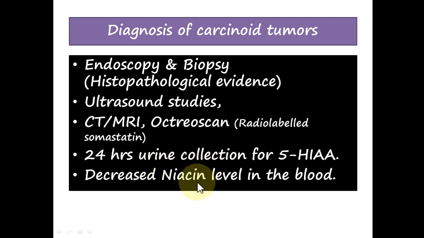This will lead to a deficiency of vitamin B3 in the blood, and it can cause the disease pellagra, characterized by inflamed skin, mental confusion and other neurological manifestations. So we can also measure the level of niacin in the blood, which will give us an idea of the excess formation of serotonin.